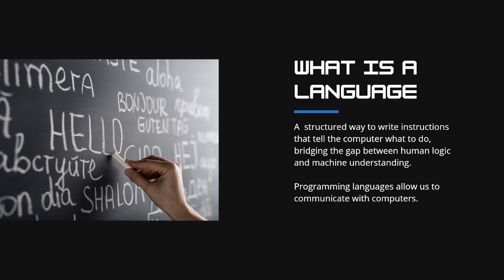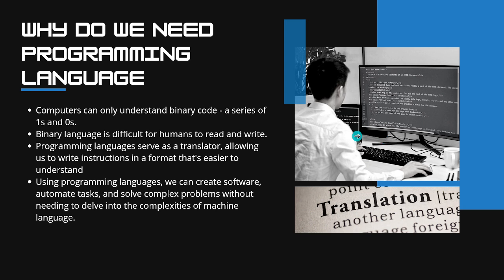Now, we know what a language is, right? It is just a structured way to write instructions. But why do we need programming languages? What is the need for a programming language? We all know that computers are very powerful machines, but the only drawback is they can only understand binary code, which is nothing but a series of zeros and ones.